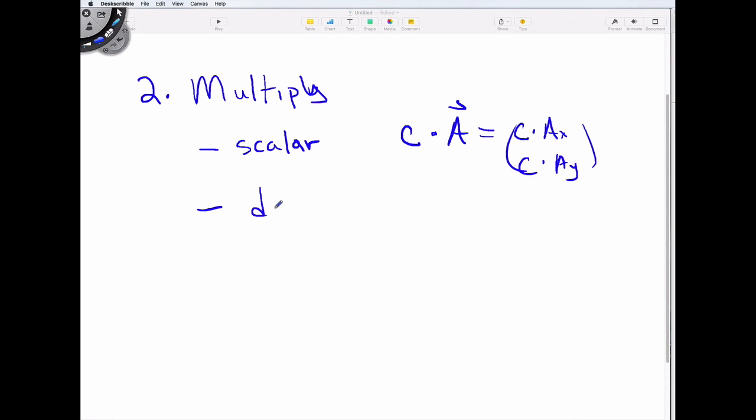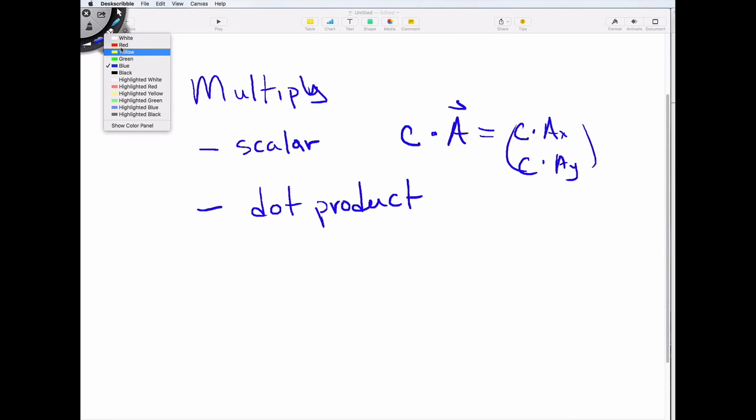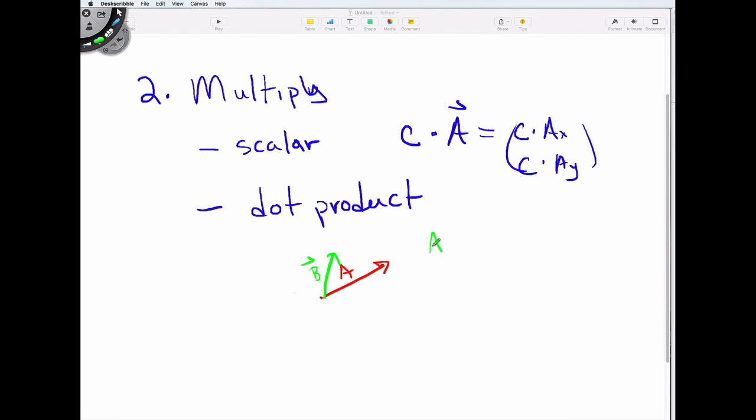We can do something called a dot product. And a dot product is an operation on 2 vectors where you have a vector A and a vector B. And when we do the dot product of these things, A dot B, that's the same as adding the sum of their components.